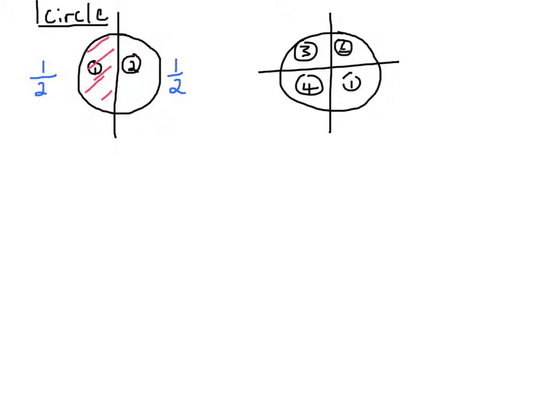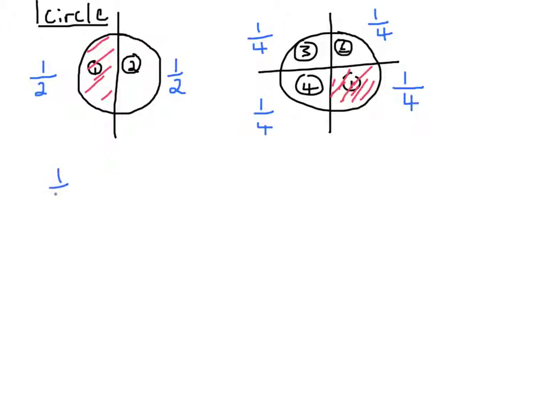If I take one of these, this little shaded area here, there are 4 parts of equal size, and if I was to describe that part, it would be 1 part out of 4, or what we call a quarter. So I've got 4 quarters, and 4 quarters will make up the one circle, 1 over 4.